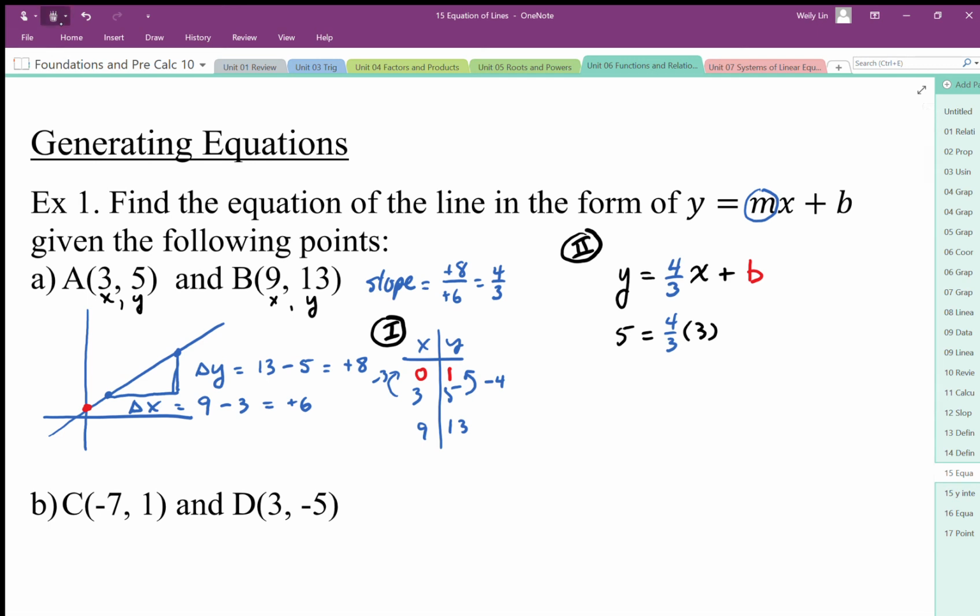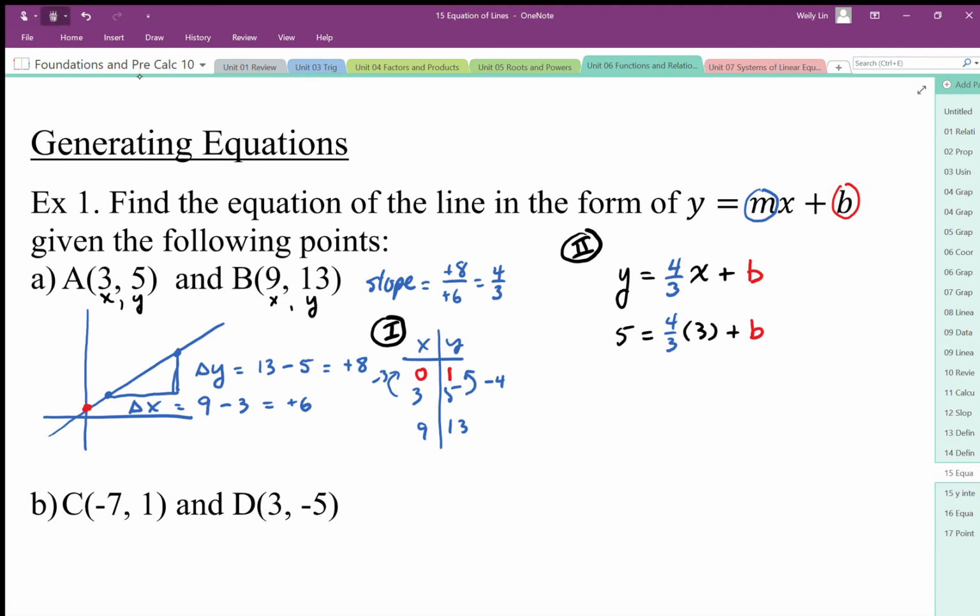When I plug in the x and y into this equation, I only have one variable left. If I have one variable in my equation, I have to be able to solve for that b. I can isolate the value of that b.